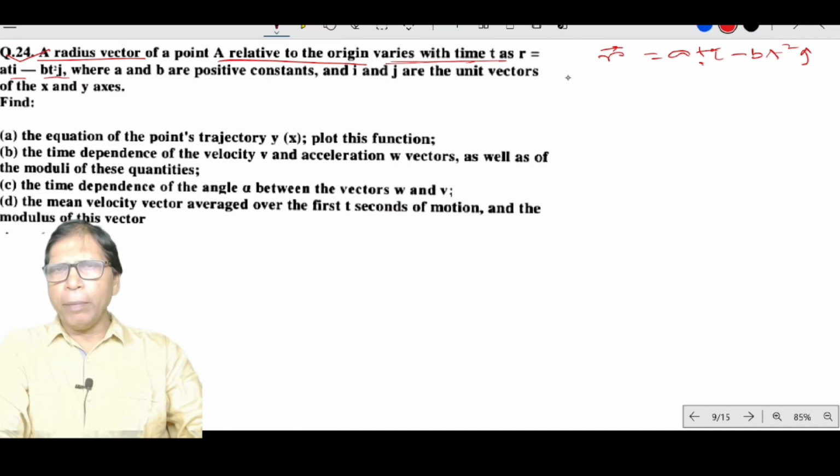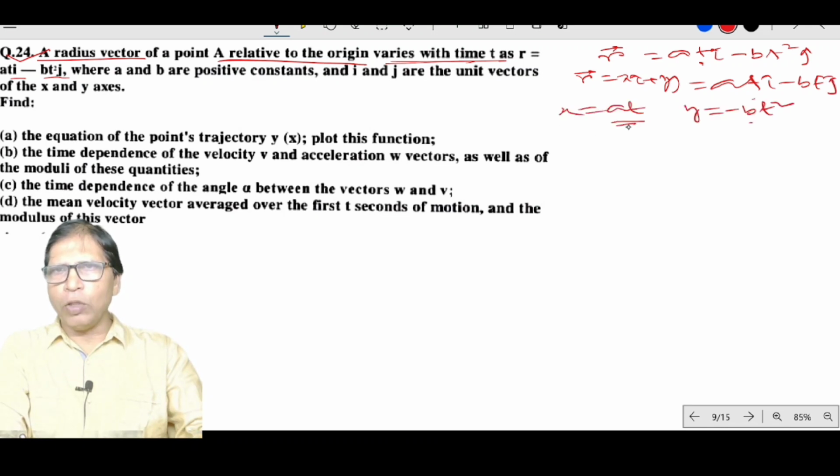So in a plane, r vector is equal to x i cap plus y j cap, which equals a t i cap minus b t square j cap. To find the trajectory, we have to eliminate t from these two equations. Here t equals x by a.